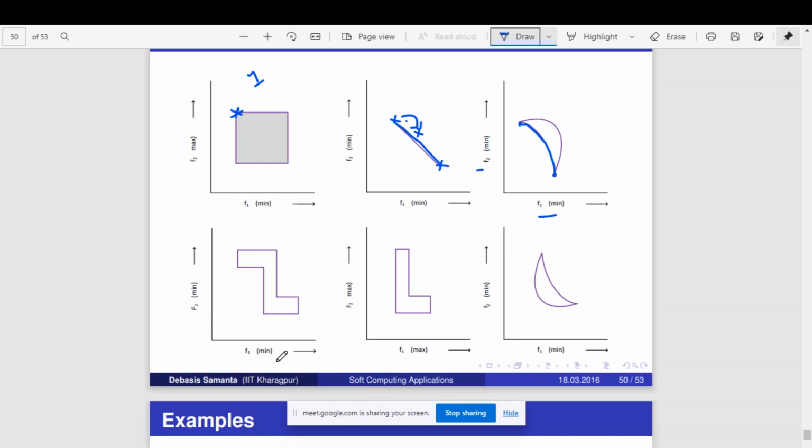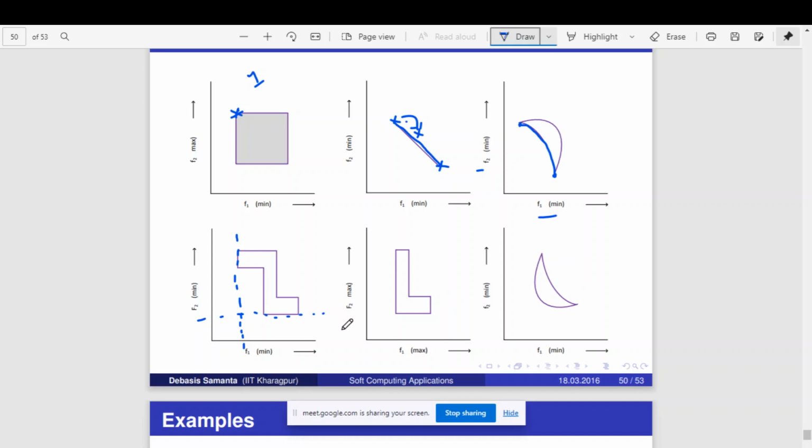Consider this one. F1 you want to minimize, F2 you want to minimize. So where is there any Pareto optimal curve for this? F1 minimize is this point, right? F2 minimize is, okay.